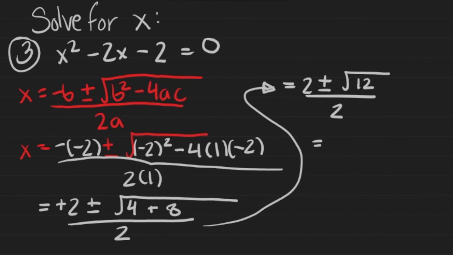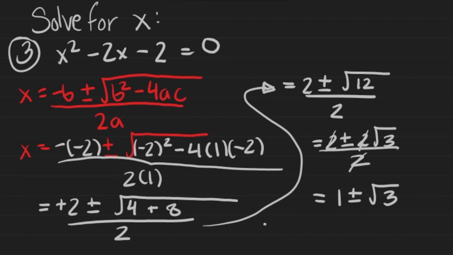You can simplify it by making this 2 times the square root of 3, divided by 2. And then you can cancel the 2's out, so you're just left with 1 plus or minus the square root of 3. Therefore, x will be equal to 1 plus the square root of 3, or x is equal to 1 minus the square root of 3. And that's how you solve for a trinomial where you can't find the two same terms.